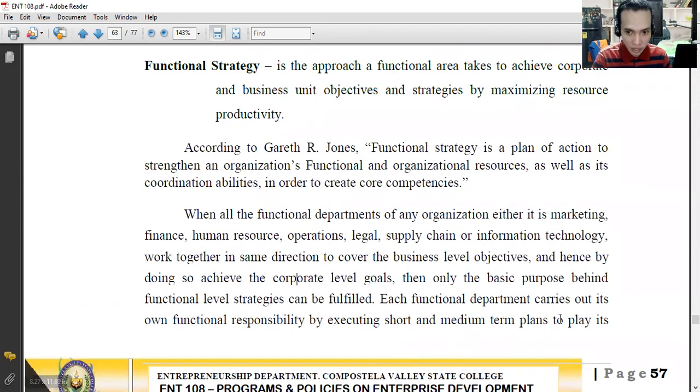So basically, this notion of a functional strategy entails that every business function should interrelate and coordinate with each other for a unified corporate strategy, in order to deliver the value necessary to create the core competencies and capabilities that will deliver the organization a competitive advantage.